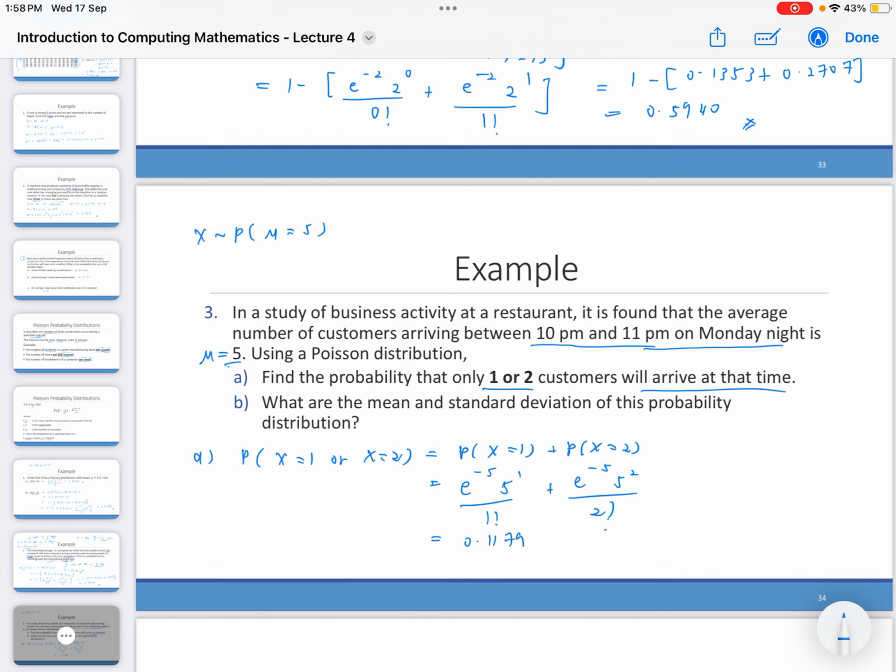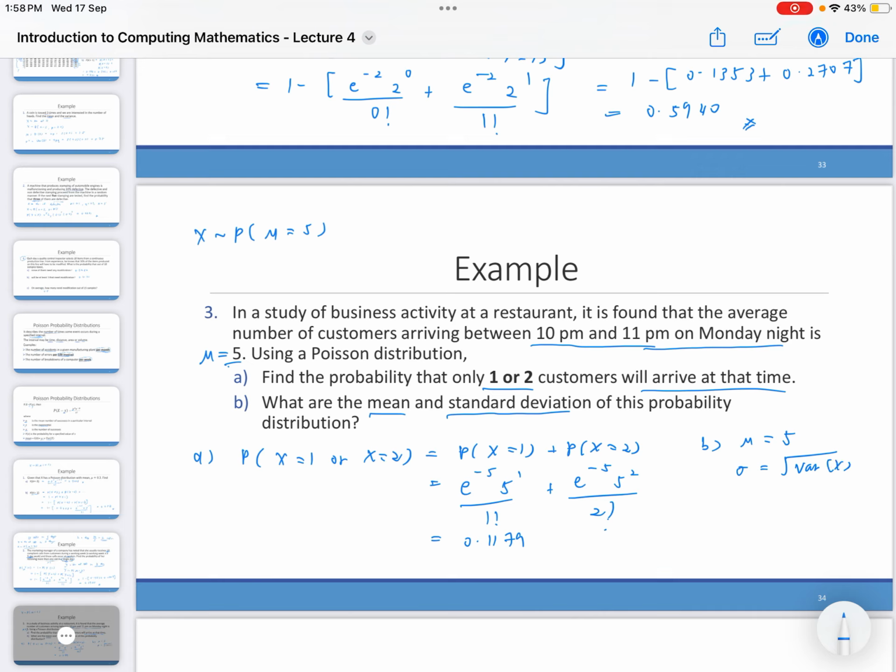Okay, B. What are the mean and the standard deviation of this probability distribution? Remember, the mean equals 5. So we get the mean. Then the standard deviation, sigma, equals the square root of the variance.